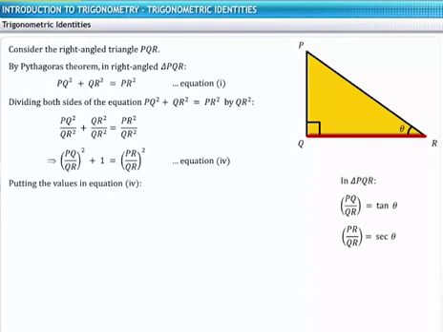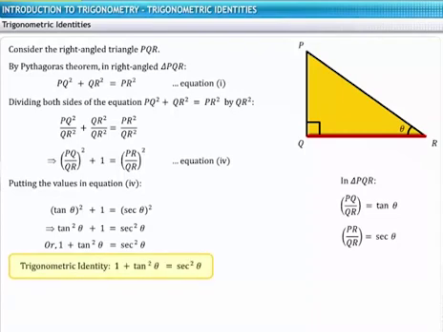Putting the values of these ratios in equation 4, we get an equation 1 plus tan square theta is equal to sec square theta. This equation is a trigonometric identity.